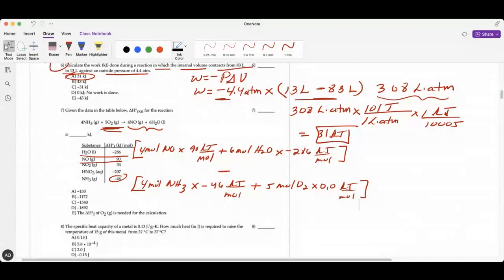And I get a negative 1,172 kilojoules. So B is the answer. Okay.